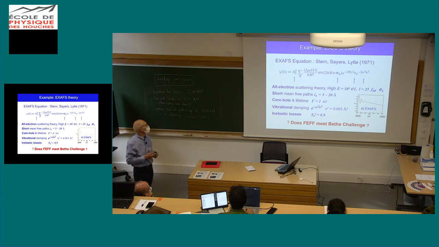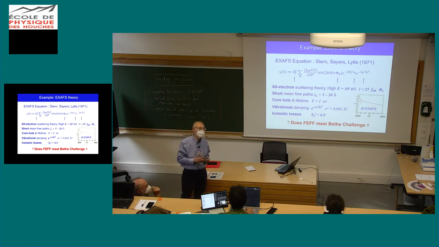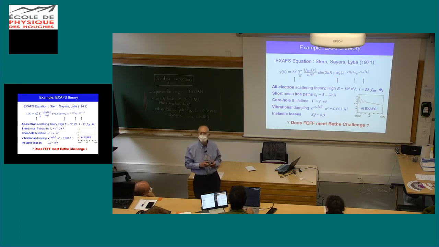But if you look at the parameters, what do we got? Okay, what we have is that energies, you have to go out to 1,000 volts in the continuum. That means you have to go up to angular momentum L equals 25. I don't know if you've ever played with angular momentum up to L equals 25.